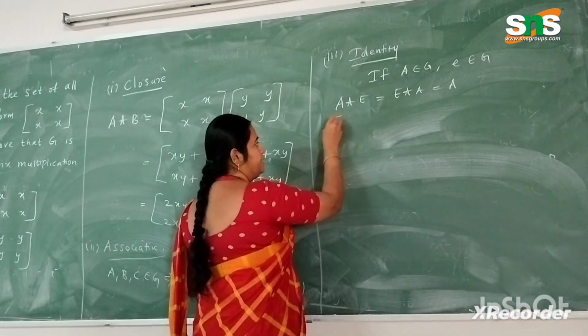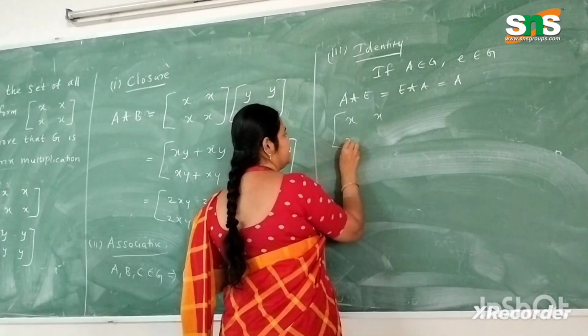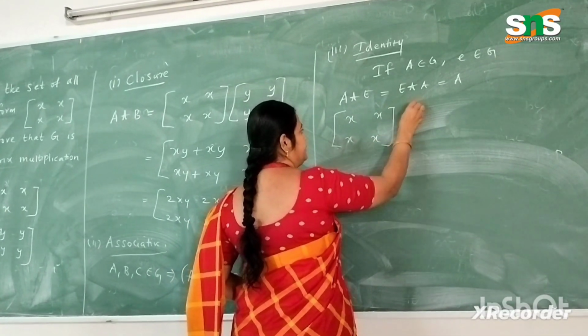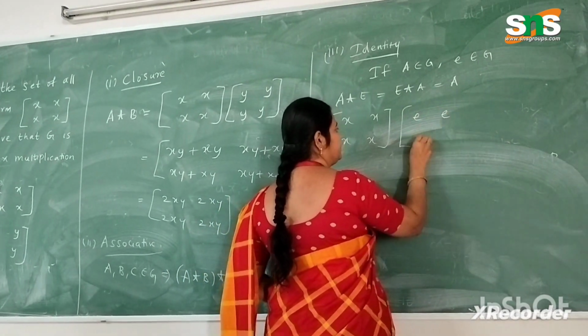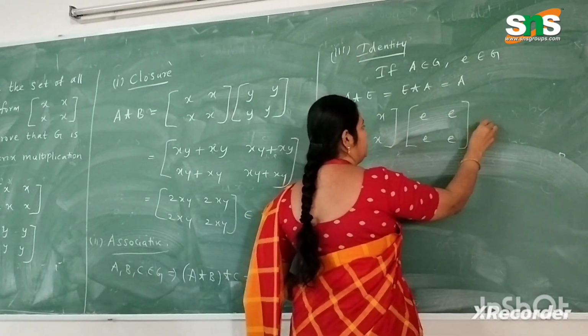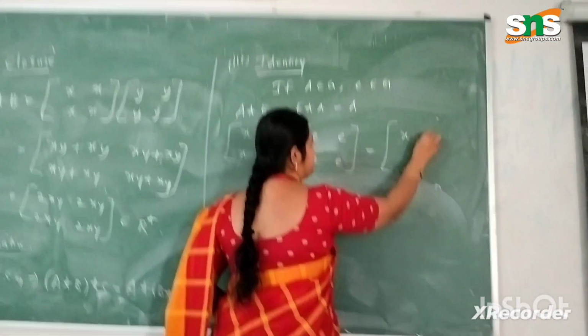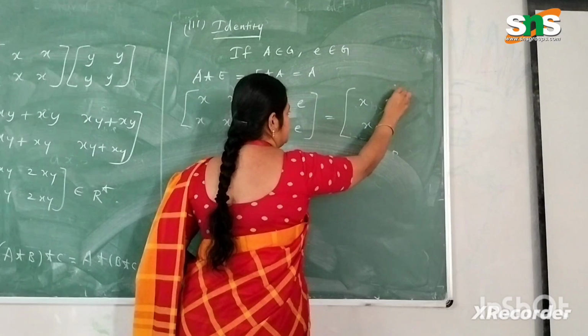A is [x x; x x], and E, let me take it as the identity element, with all entries e, equal to again A, which is [x x; x x].